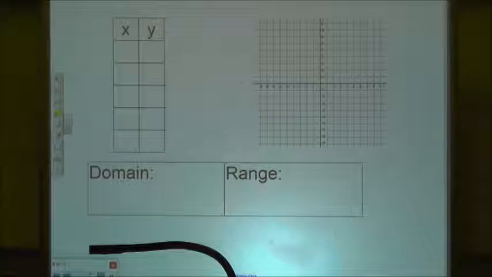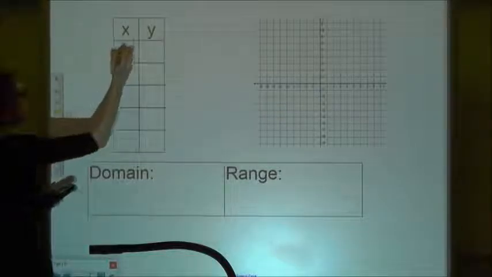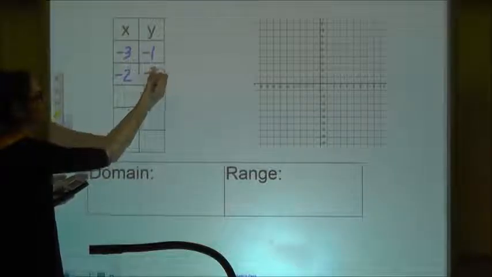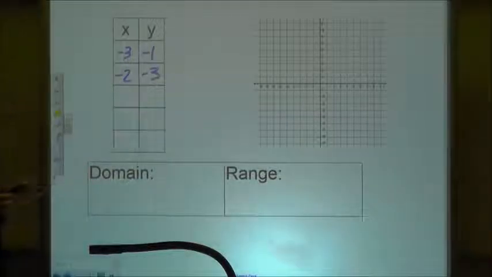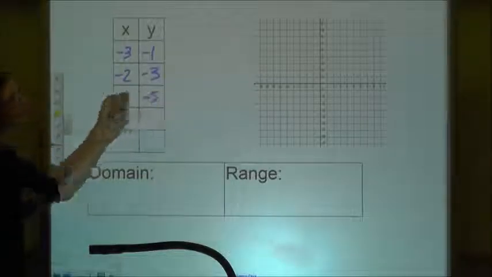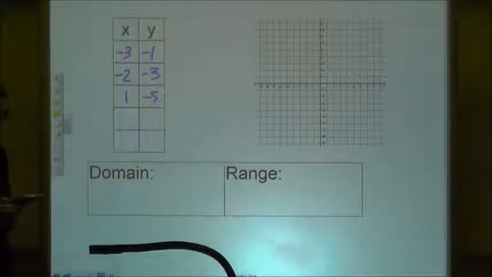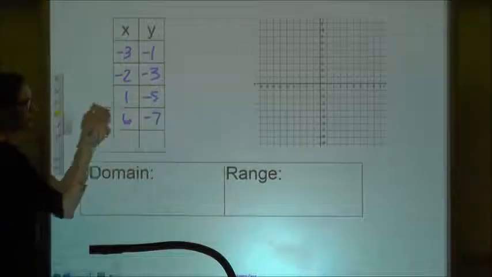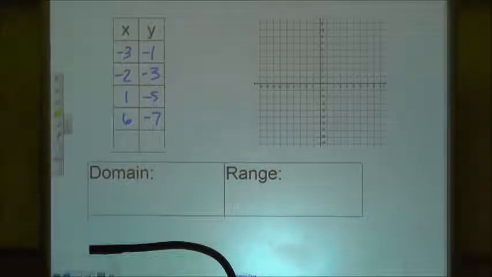Go up until you find error. -3, -1 is your first point. -2, -3, 1, -5, 6, -7. And the next one's 13, -9. I'm not going to graph that one because it's too far past the end.